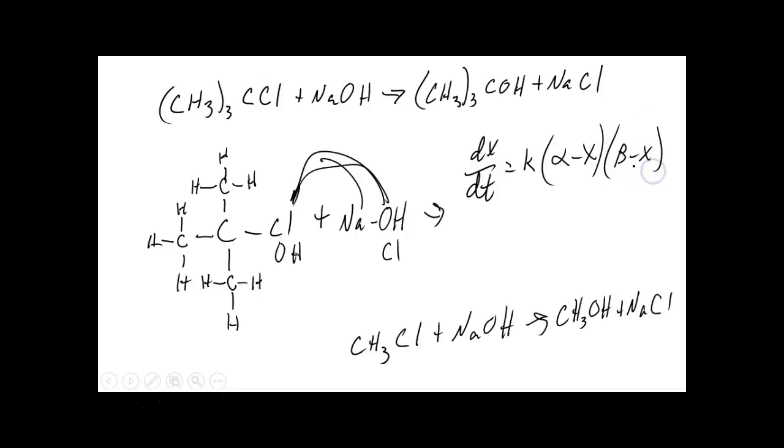Okay. Without going into great detail, that's showing that the amount of x you have is proportional to how much excess alpha you have times how much excess beta you have. That's one way of looking at it.